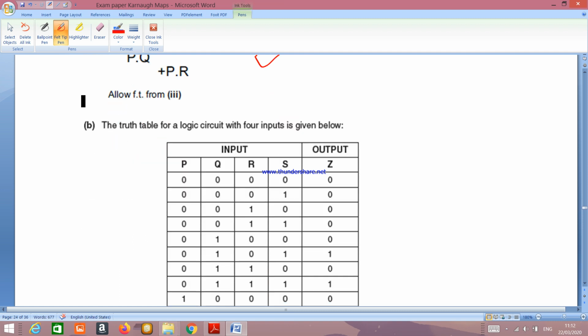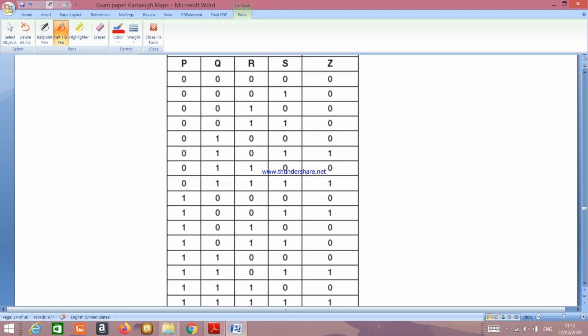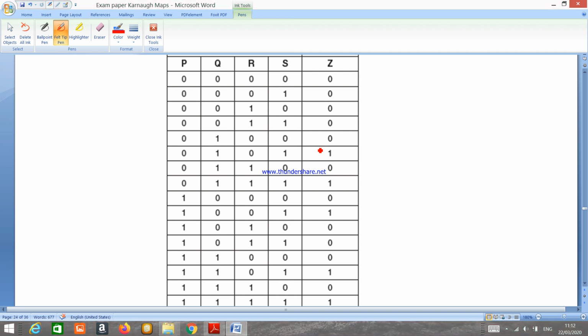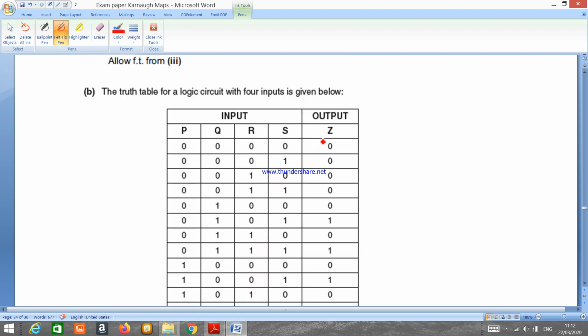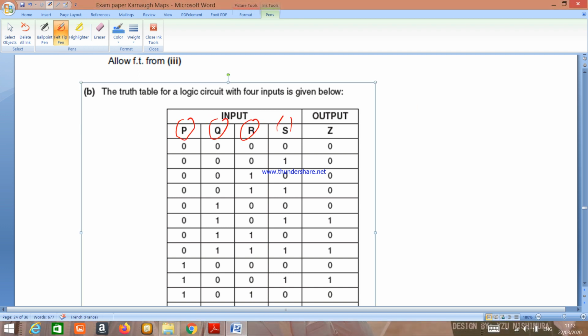Now let's try another question. Here we have 4 inputs, P, Q, R and S. When we have 4 inputs, it's 2 to the power of 4. We have 16 outputs.